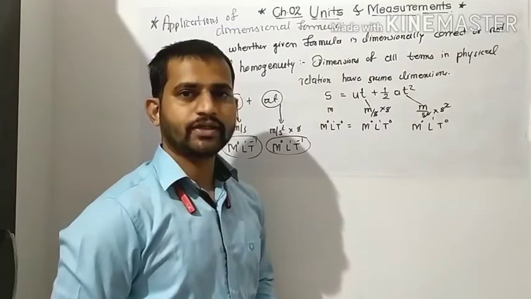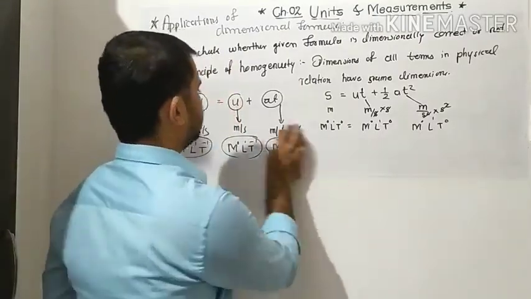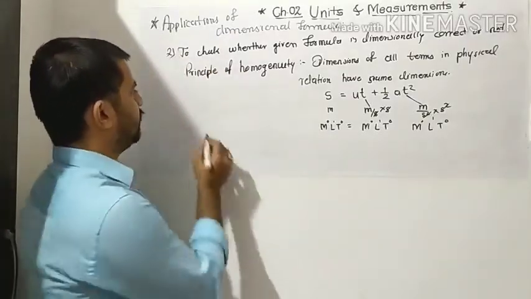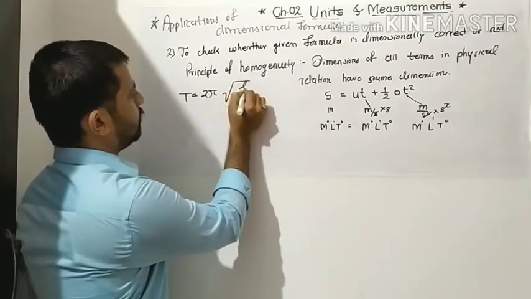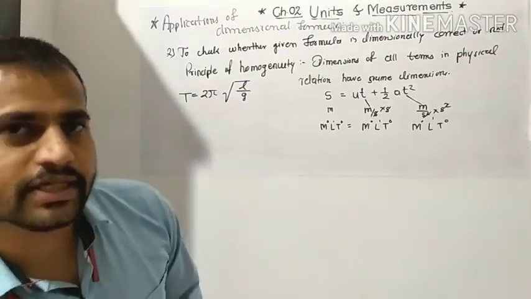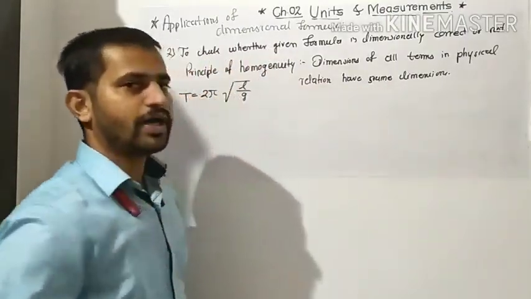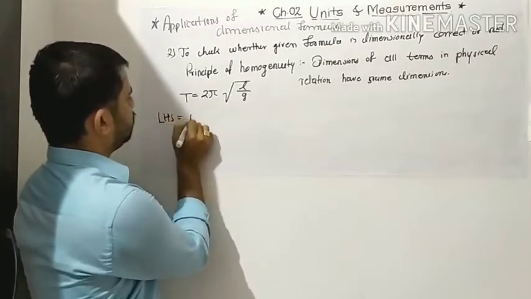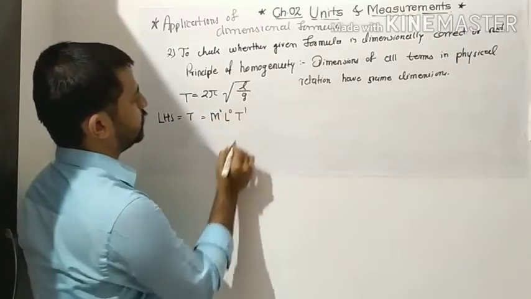If we see any other formula, like the formula for the time period of the pendulum, it is T is equal to 2 pi under root L by g. If we equate the LHS with respect to the RHS, the LHS, T, is M raised to 0, L raised to 0, T raised to 1.